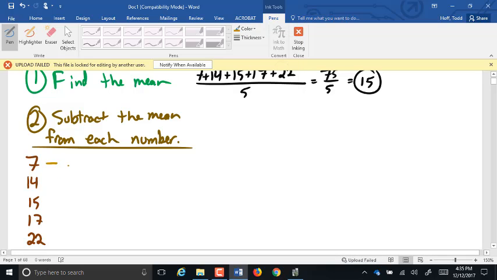So I'm going to subtract 15. What's 7 minus 15? Negative 8. 14 minus 15? Negative 1. 15 minus 15 is 0. What's 17 minus 15? It's 2. And 22 minus 15 is 7.